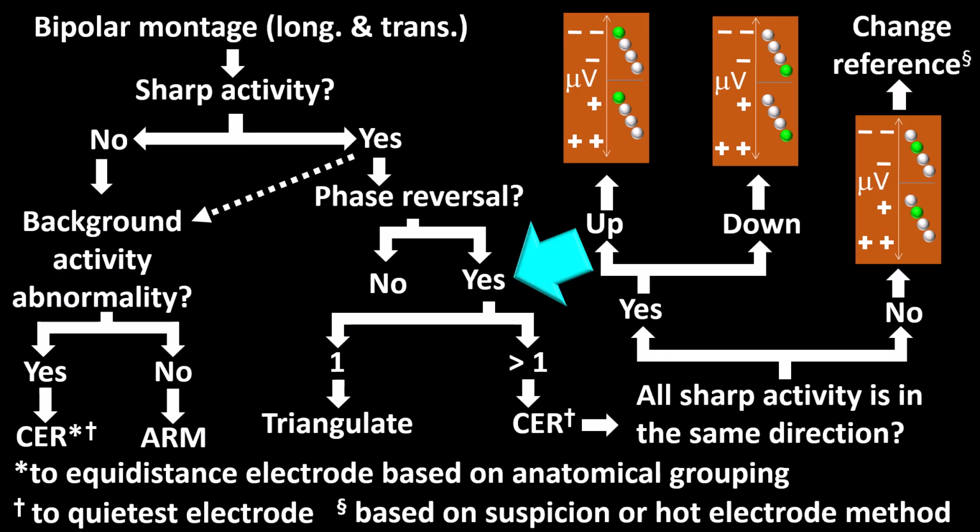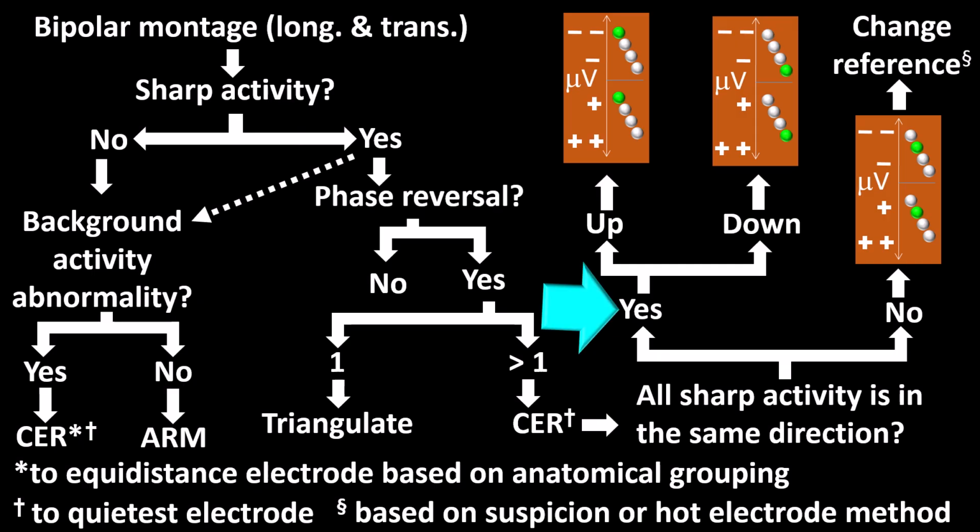If a phase reversal is present, but it involves more than one electrode, then I go to a common reference electrode montage, and I use the quietest electrode possible to build the montage. I then ask myself if all the sharp activity in this newly created montage is going in the same direction.